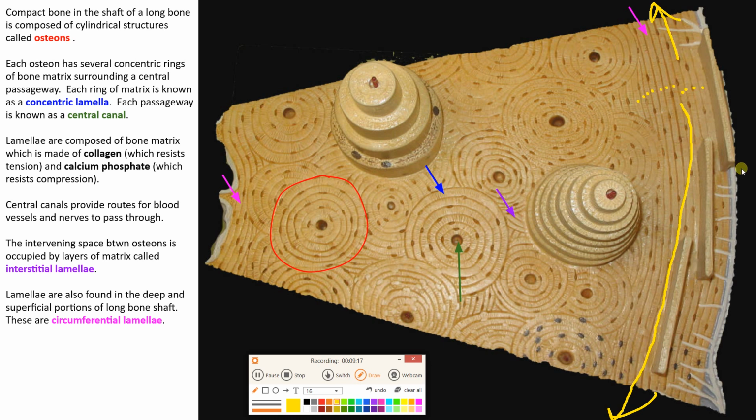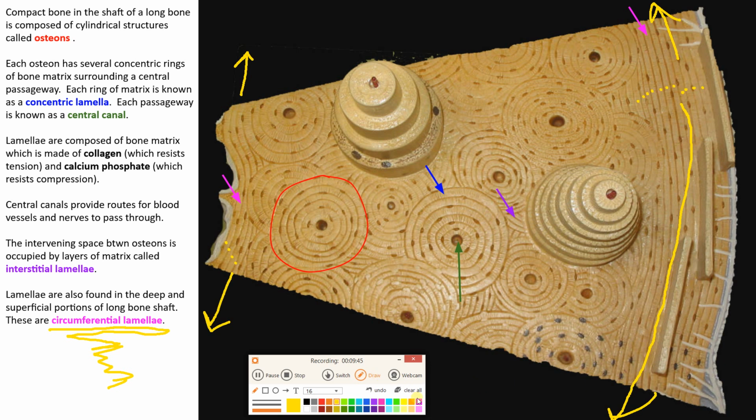Because they go all the way around the entire circle, they are called circumferential lamellae. Remember, the distance around a circle is the circumference. And I find big ones on the outside of the diaphysis, as well as small ones on the inside of the diaphysis. These guys would also go around, but around a much smaller circle on the interior.